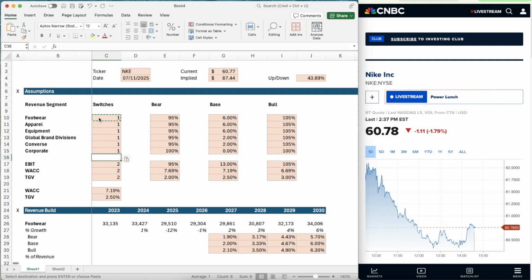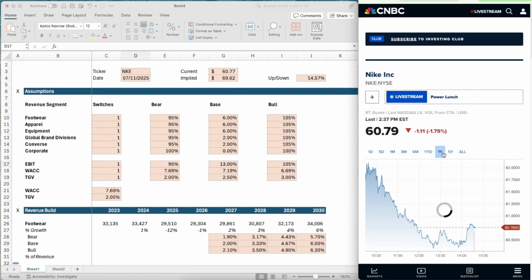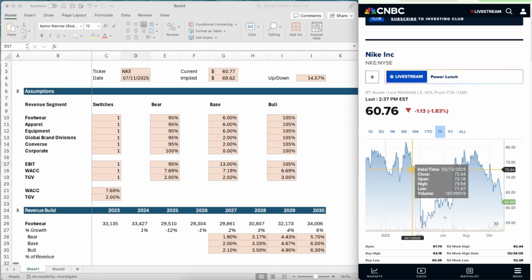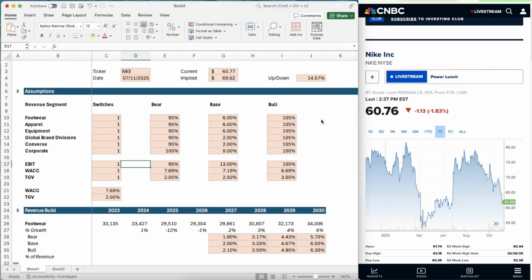So the bear. So the bear is saying it's about just under $70, which, if we look at for the last year or so, I mean, it's sort of been going in this range between 80 was a peak.